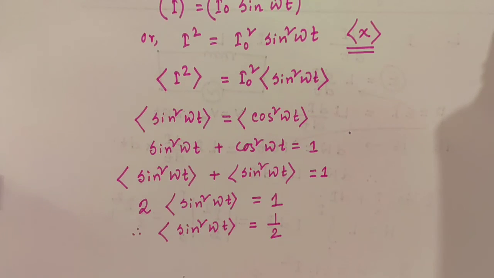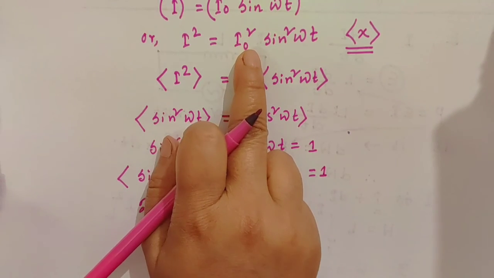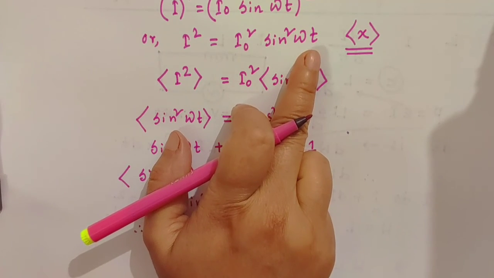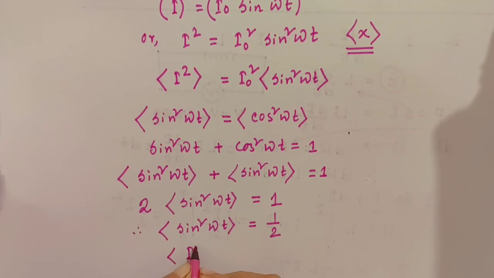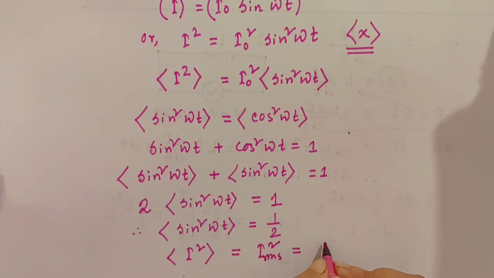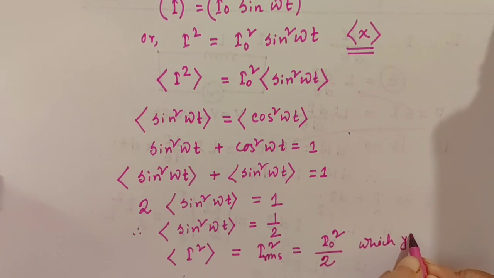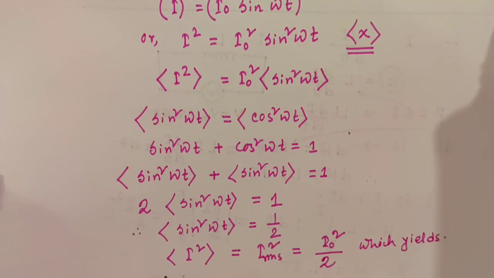Therefore, from this equation, the average value of I square is equal to I RMS square, which is equal to I naught square by 2, which yields I RMS is equal to root over I naught square by 2.